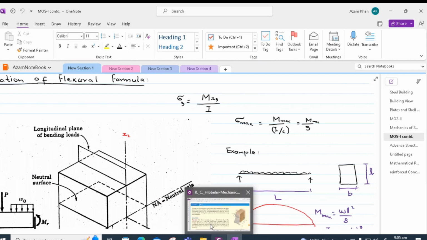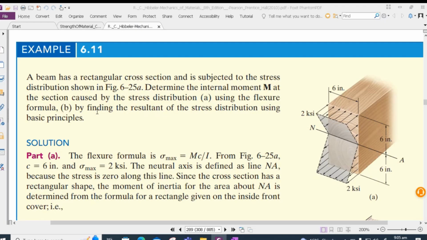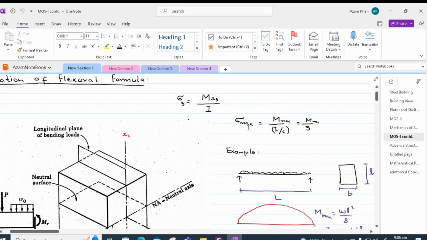The second part asks for finding the maximum moment using first principle. So let us use the equation which we have derived, sigma max is equal to M by S, to find out the maximum moment.